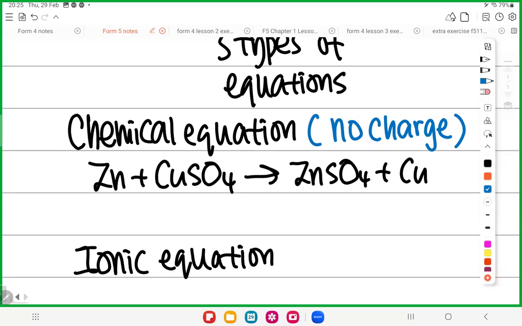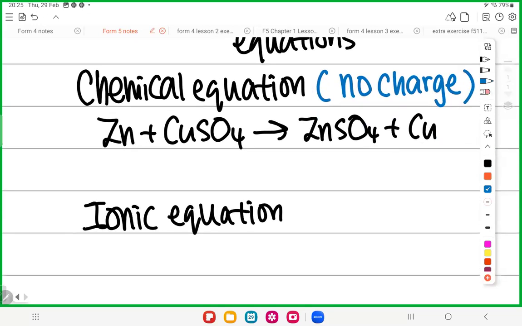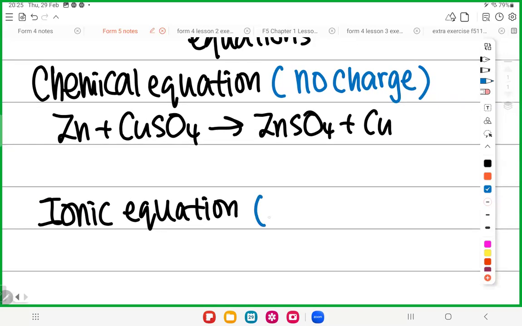So what is an ionic equation? Ionic equation comes from the word ion. Guys, what do you know about ions from Form 4? When I say ion, what comes across your mind? Very good, it has a charge. Anything that has a charge is called an ion. So an ionic equation is an equation that has charges.